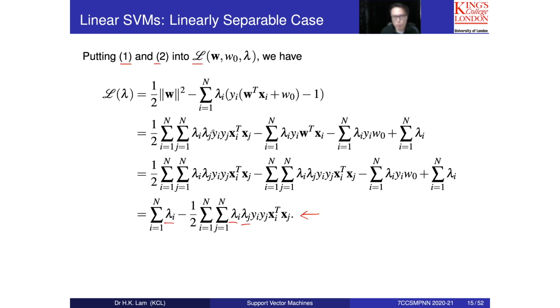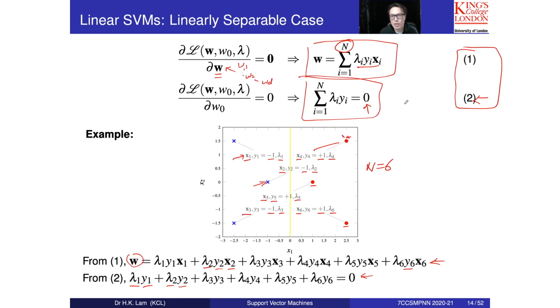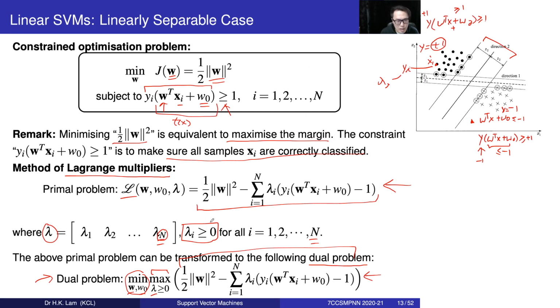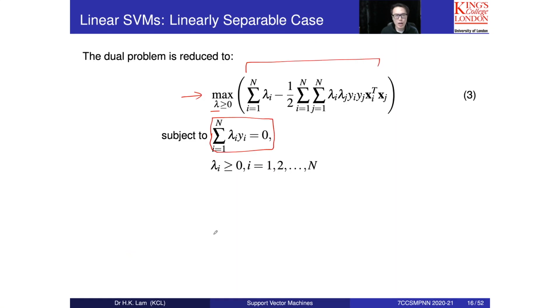This condition is what we developed right here. And because lambda I is greater than or equal to 0, we are going to have this condition as well. Capital letter N is the number of samples we have.